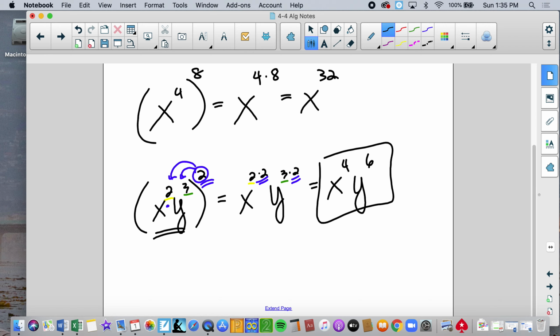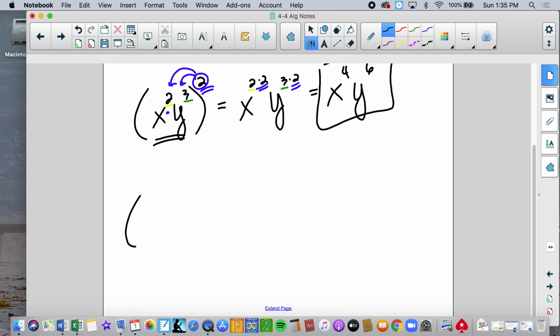Very, very tricky. So what if I have a constant? What if I have 2a to the third, b to the fourth, to the third power? So remember that 2 is to what power? There's an invisible 1 there.